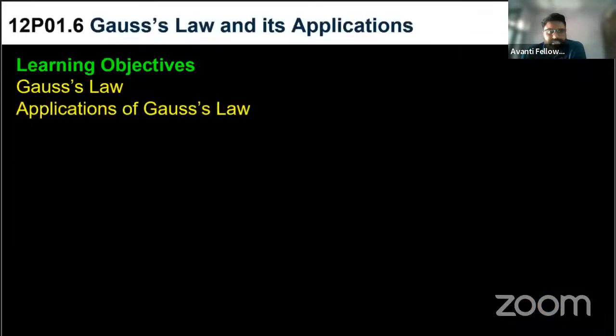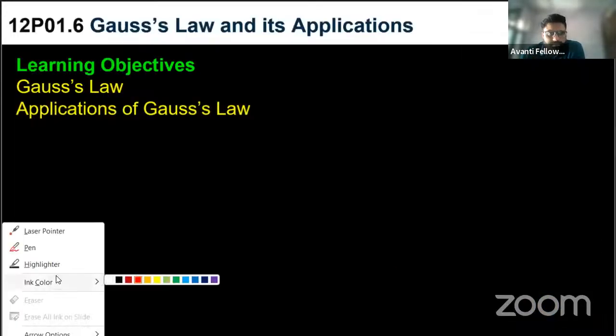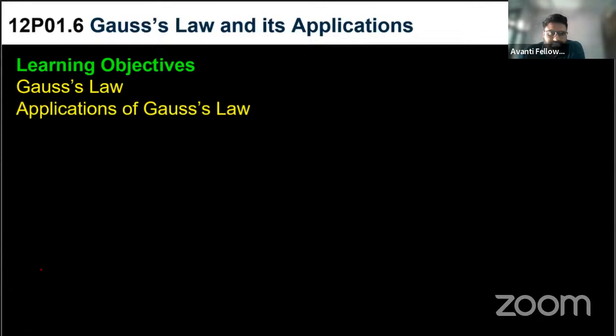So the topic of today's class is Gauss law. The basics required to understand this concept, I have already told you. If you have paid attention to the previous lecture, we discussed electric flux. And Gauss law is nothing but the relation of electric flux with the electric field and charge enclosed. So this is the relation of electric flux with the charge enclosed. We are going to go deep into it. After that, we will see the applications of Gauss law.